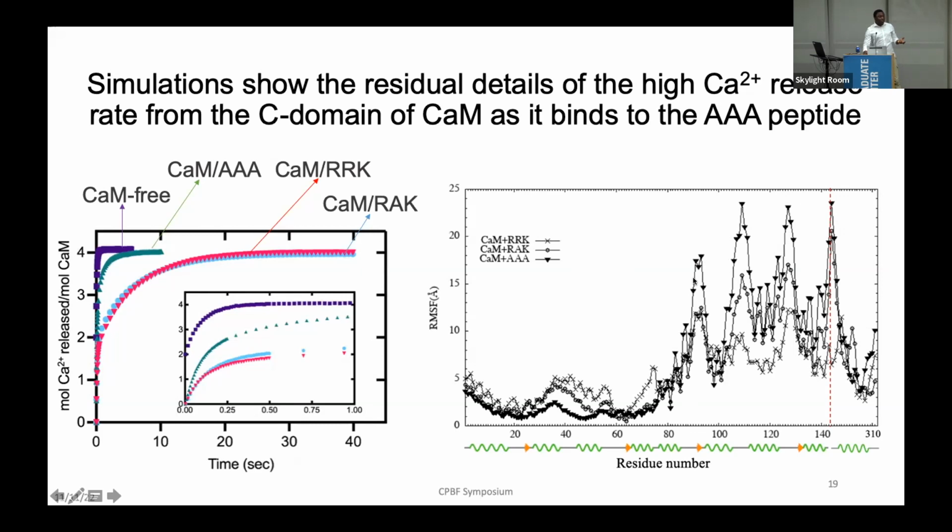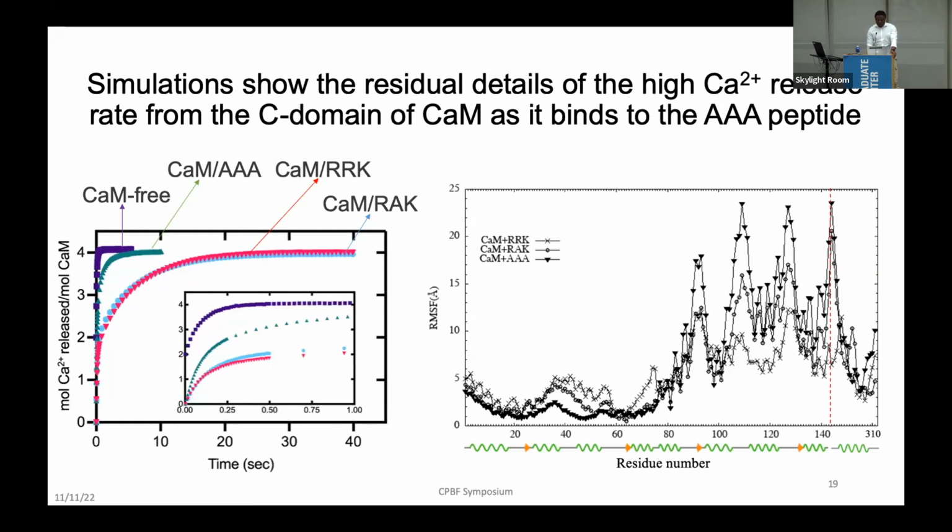So from this observation we can say that these RRK residues initially transiently interact with the residues in the calcium binding loop of the calmodulin before the native contacts are formed.